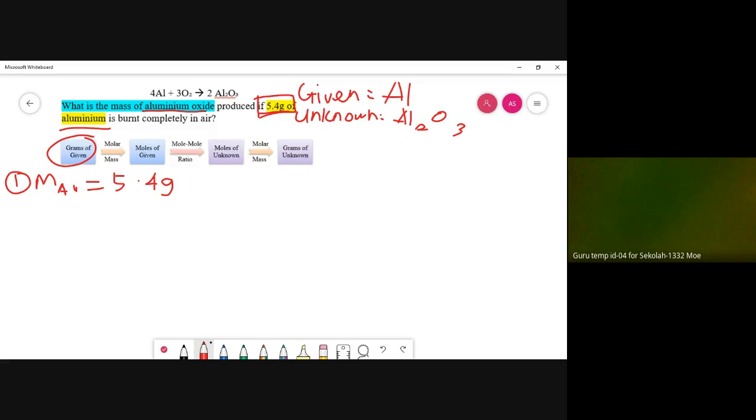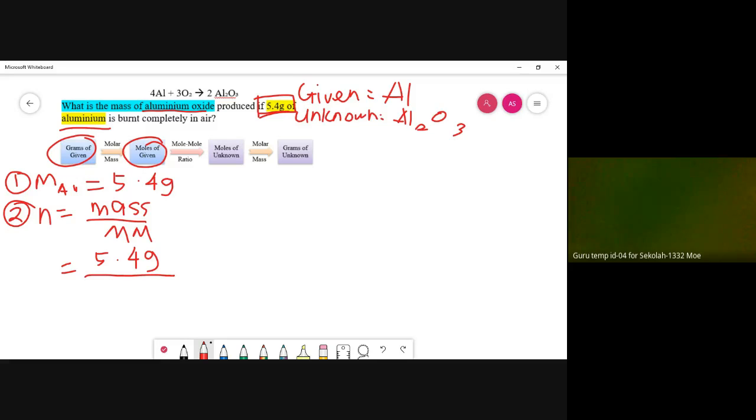So, now the second step is we have to find the number of moles for the aluminium. Ingat formula for number of mole. If we have mass, the formula would be mass over molar mass. So now, mass kita dah ada, that is 5.4 gram.